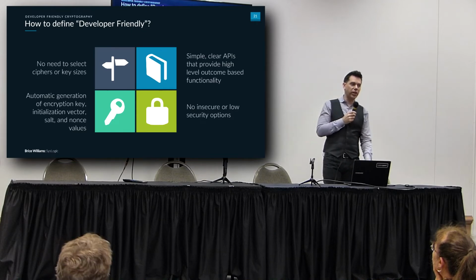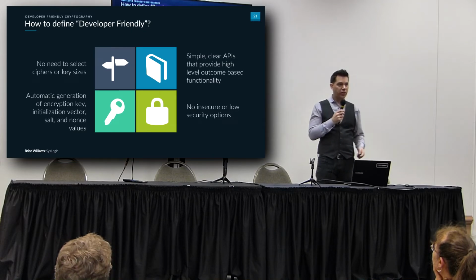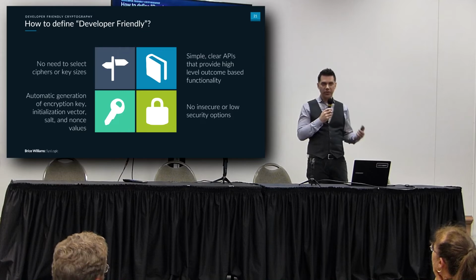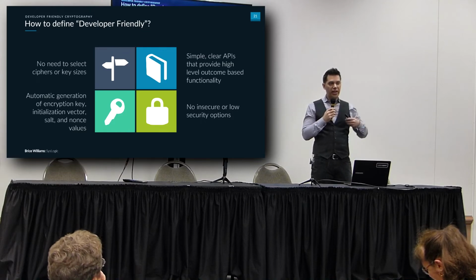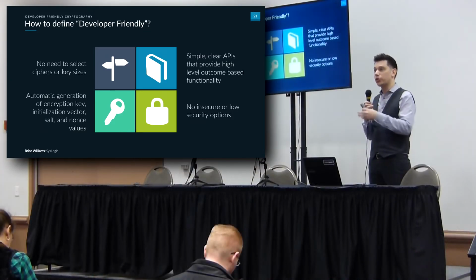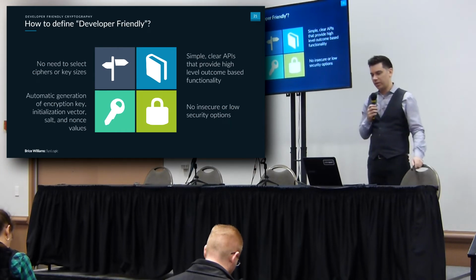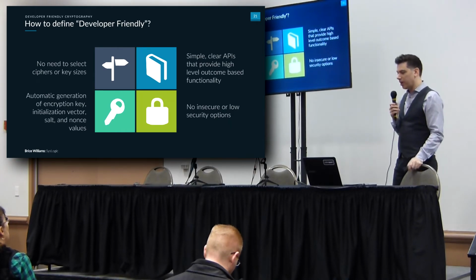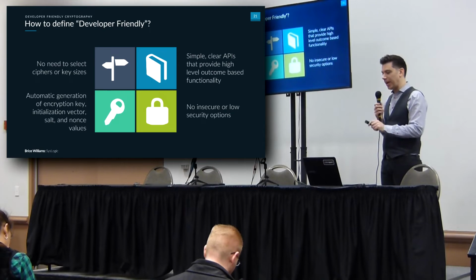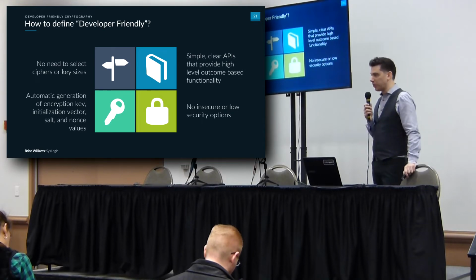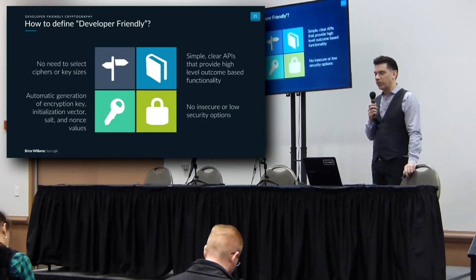So rather than using cryptographic primitives, where you have to choose ciphers and algorithms, you instead say, it's high level. And I'll show you some examples of what I mean by this. And also important, there are no insecure or low security options. So as much as possible, you avoid the scenario where developers shoot themselves in the foot.